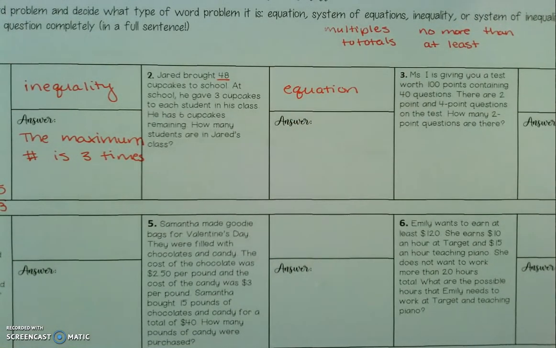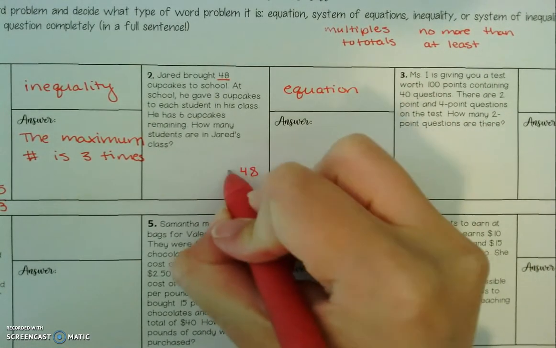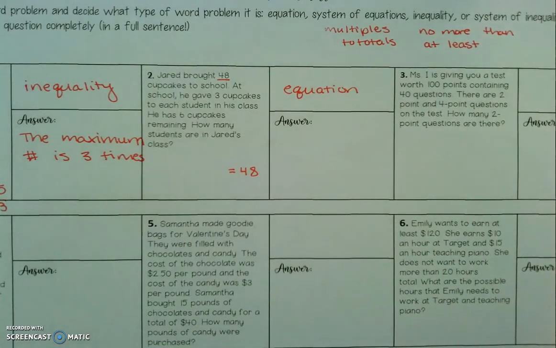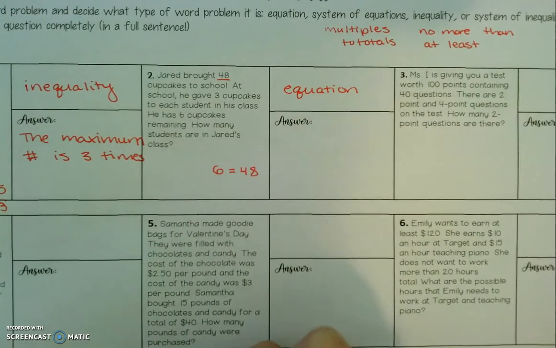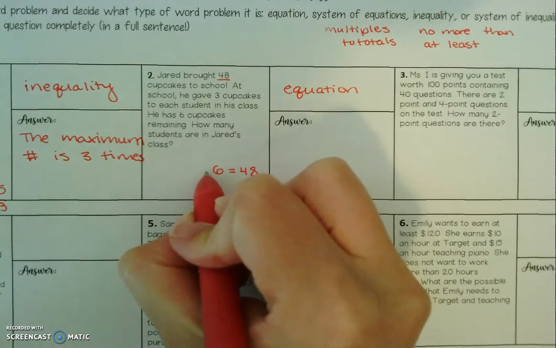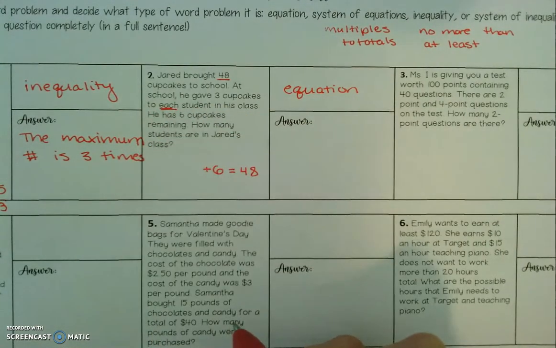Now we're going to write our equation. Again, total is on one side, that's our 48 cupcakes. And to figure out our number of cupcakes, we know we're going to have 6 left over, and then we gave 3 to each person in our class. When we see each, that tells us we're getting the variable.